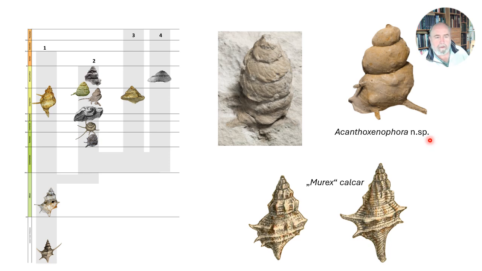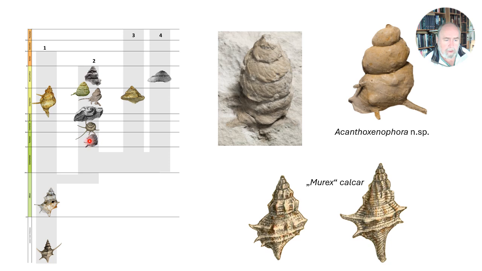Well, let's look into the evolutionary results. We think our spiny ones, this is the Mexican one, are closely related to the Turonian Cognacian forms that have already been published as Guilfordia.